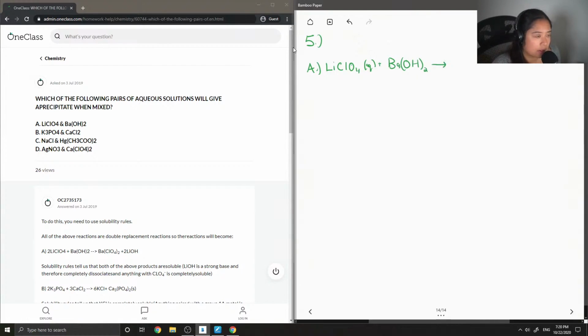So before I look up the solubility rules, first I'm just gonna write down all the reactions and what their expected products are gonna be. Actually, I'll just write down all the reactants to save time.